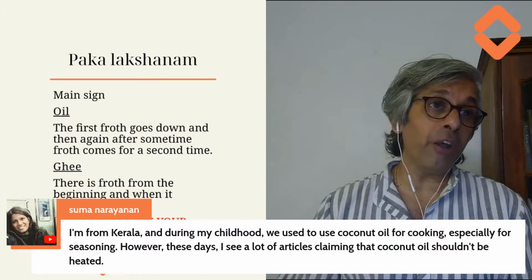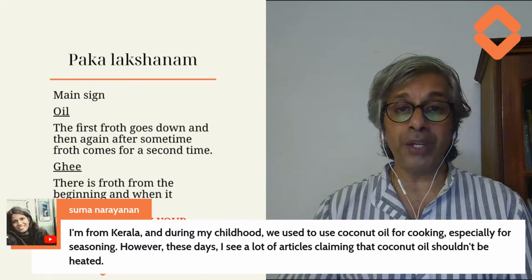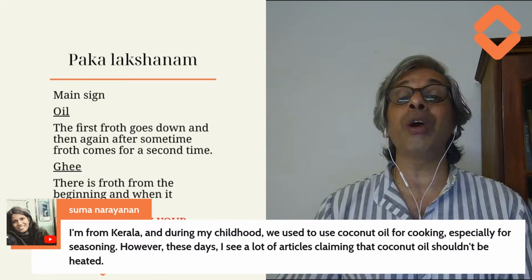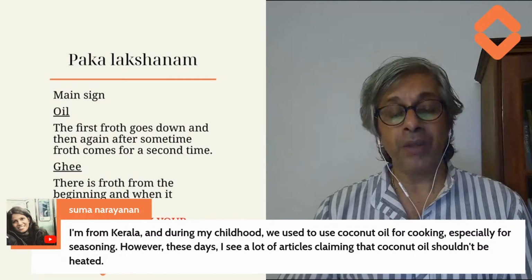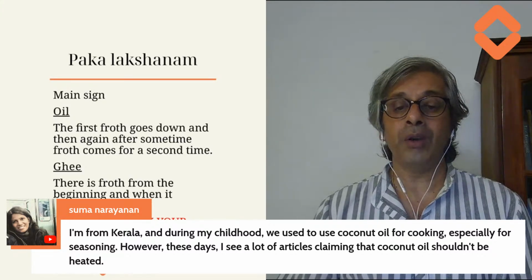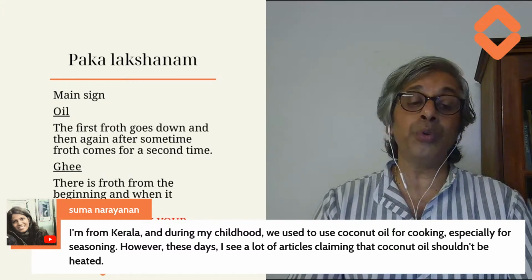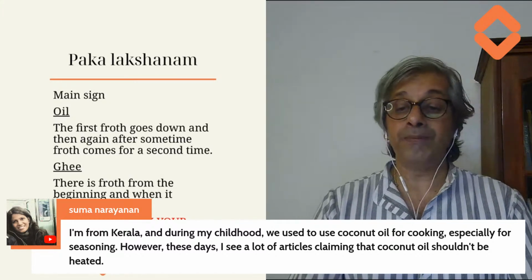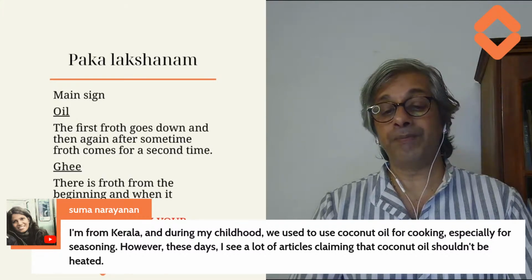So you will see a lot of articles which say that sunflower oils and other oils should not be heated beyond a certain limit, but coconut oil can be heated to extreme high levels and still not get bad. You can use it. Since you are from Kerala, I would say it's always good for you to use coconut oil. You can heat it to very high temperatures.